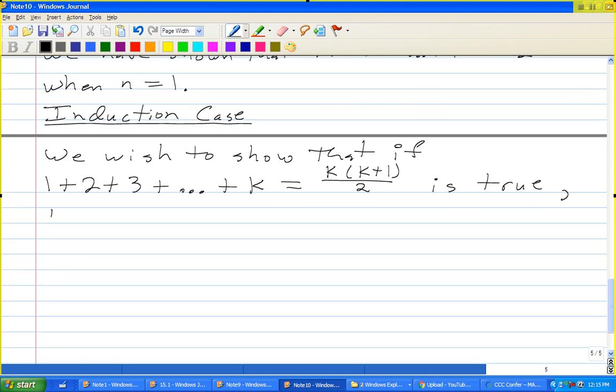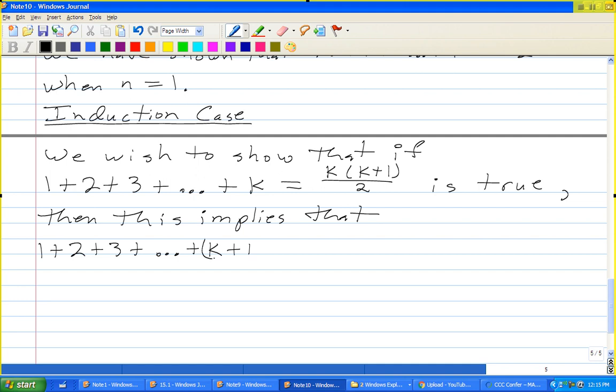then this implies that, well, 1 plus 2 plus 3 plus, let's go all the way up to k plus 1, that this is true.